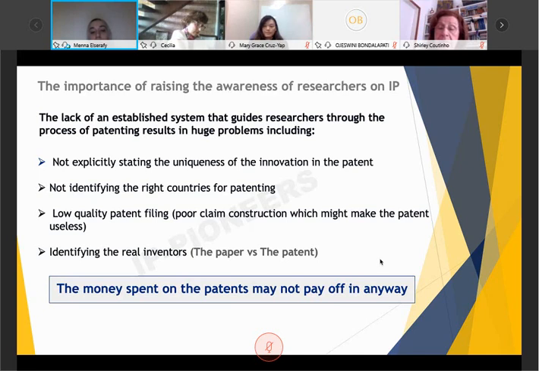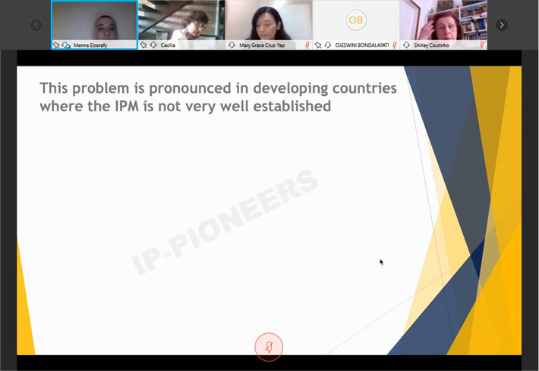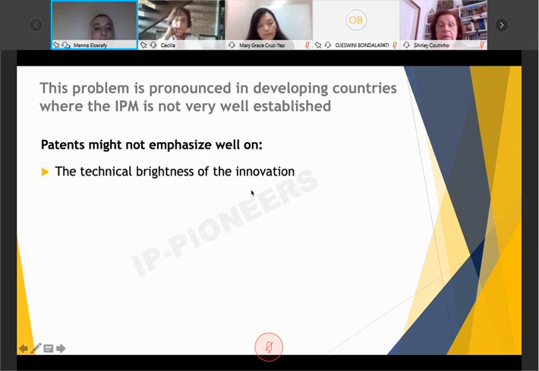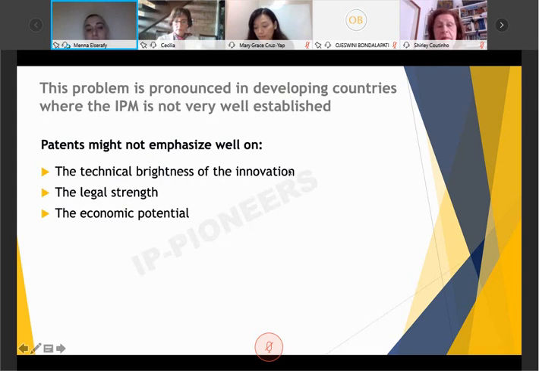And therefore, the money spent on the patents, which is usually thousands of dollars, will not protect the prototype or the innovation that the researchers have in any way and might not pay off at the end. And this problem is very pronounced in developing countries also, where IP management is not very well established. And consequently, the patents might not emphasize well the technical rightness of the innovation, the legal strength, and the economic potential.